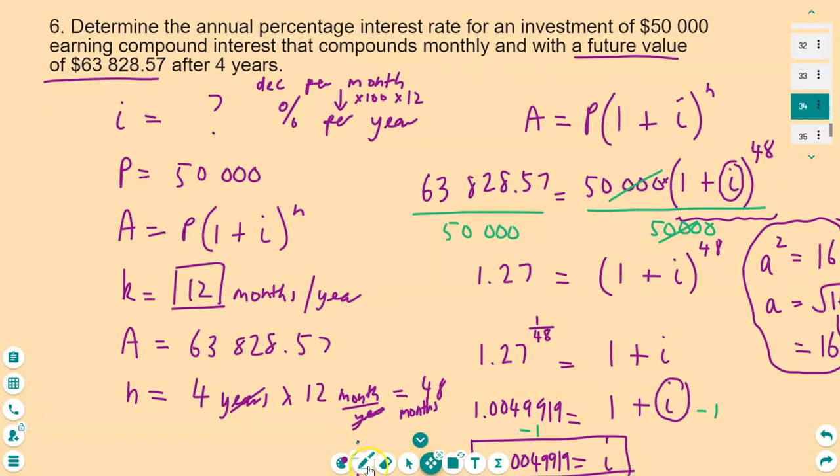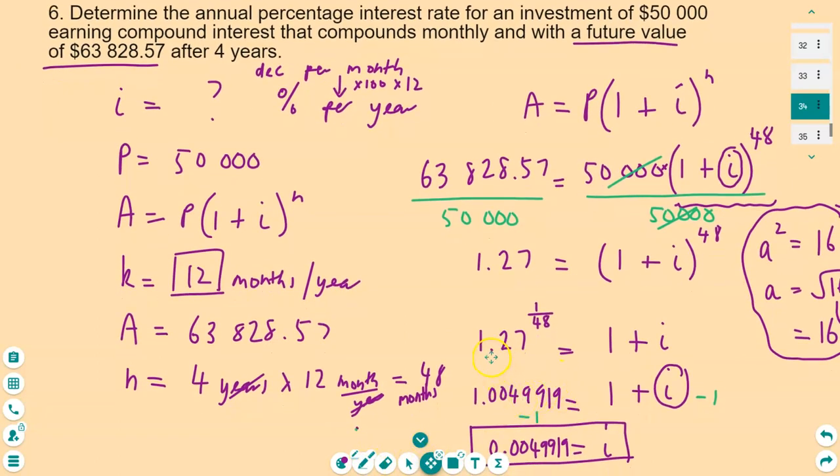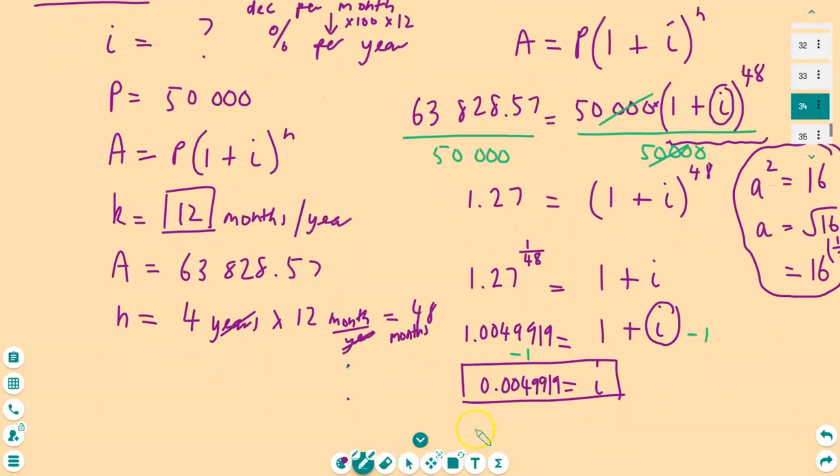That's as a decimal per month. We want it as an annual percentage interest rate. So that's where our little note above came in handy. Annual percentage interest rate. This was per month. If I want to convert that to a percentage, I'm going to times it by 100. And if I want it per year, I've got to times it by 12.